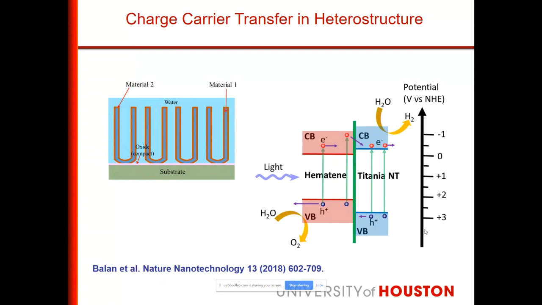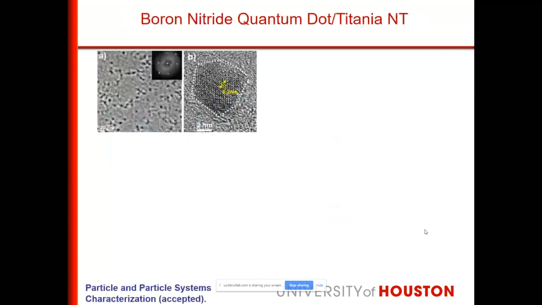The only way it can happen is that high energy photons excite the electrons to the upper energy levels of the conduction band, where they can transfer to the titanium dioxide conduction band. It is similar to hot electron transfer. The energetic electrons are transferred to the conduction band of the titanium dioxide. That is how we got the quantum efficiency in the visible light region.